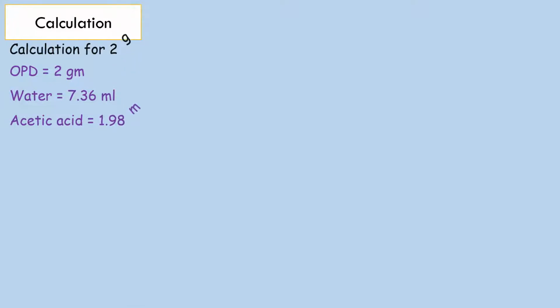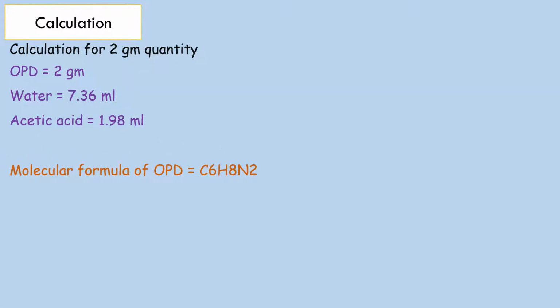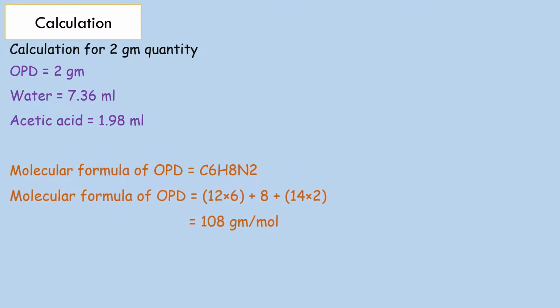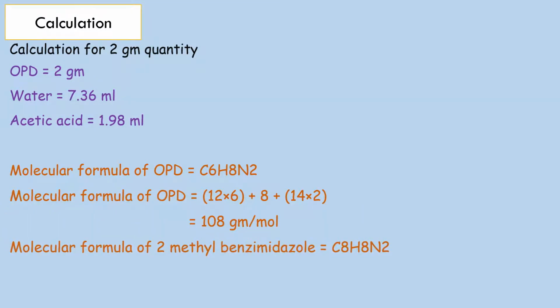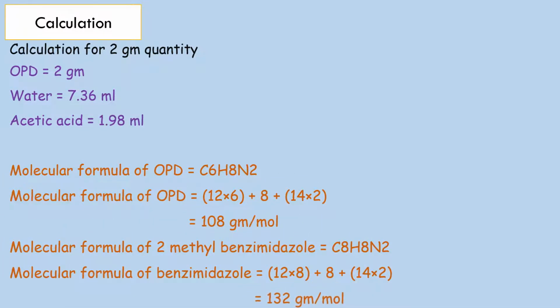Now, the molecular formula for OPD is C6H8N2 and its molecular weight is 108 gram per mole. Similarly, the molecular formula for synthesized 2-methylbenzimidazole is C8H8N2 and its molecular weight is 132.